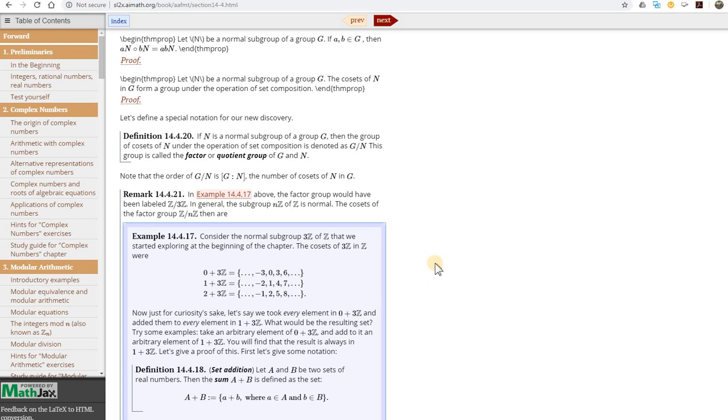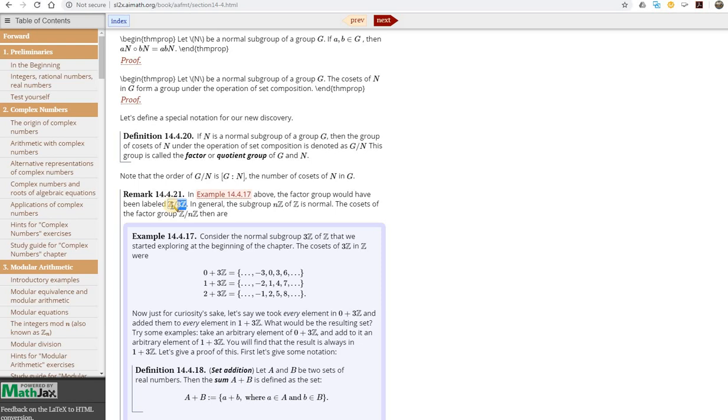All right, well, let's see if we can draw some connections between this example and others. Here we said that Z mod 3Z was a set of cosets of 3Z. So that means that if you have this slash thing, let's call this, it's not really, but let's call this the denominator, then this has to be a subgroup of the numerator.